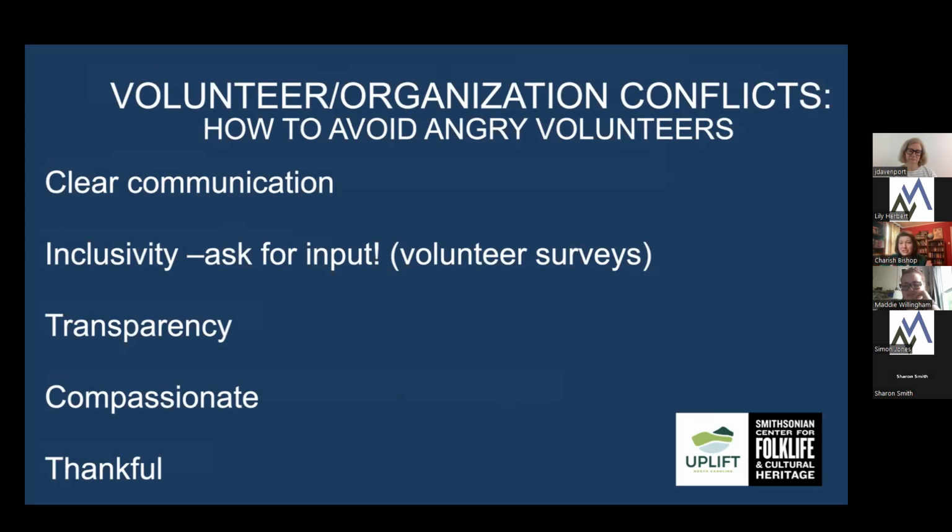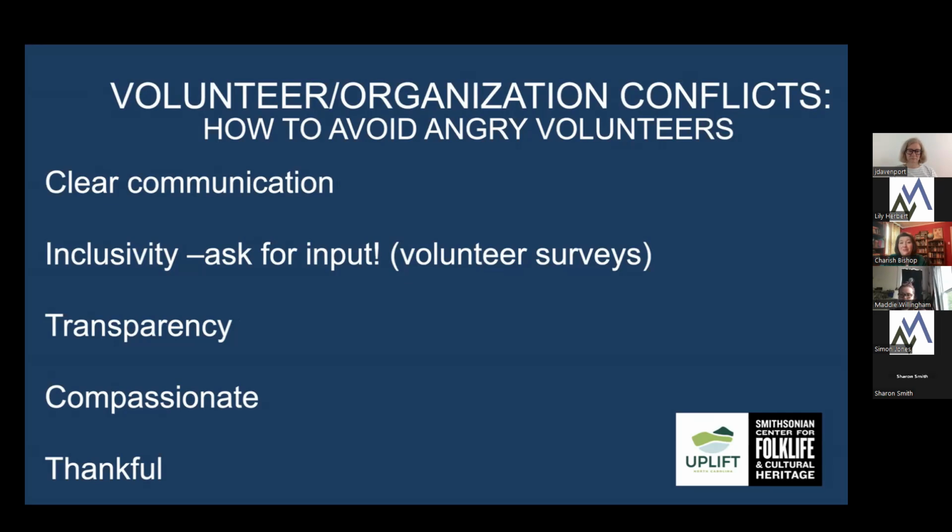Clear communication, right? Don't discount your volunteers when it comes to decision making. You have to clearly stipulate why something is changing, or why an event date has changed, or why you're not offering this specific thing this year. People are dedicated to something they have given their time for, and they want to understand what is happening, right?